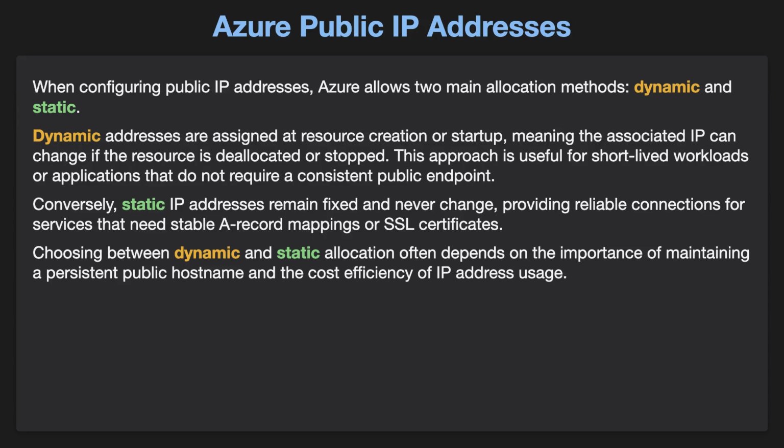Conversely, static IP addresses remain fixed and never change, providing reliable connections for services that need stable A-record mappings or SSL certificates. Choosing between dynamic and static allocation often depends on the importance of maintaining a persistent public hostname and the cost efficiency of IP address usage.